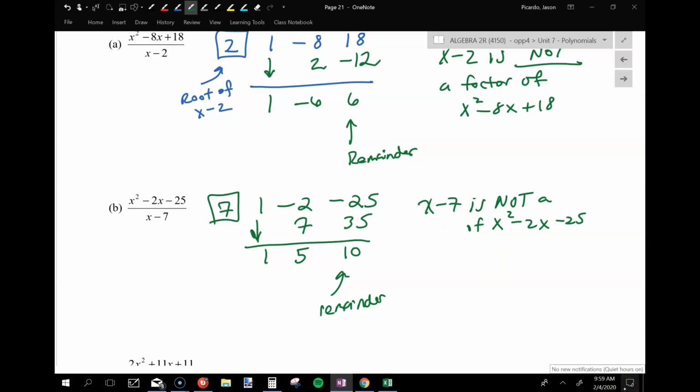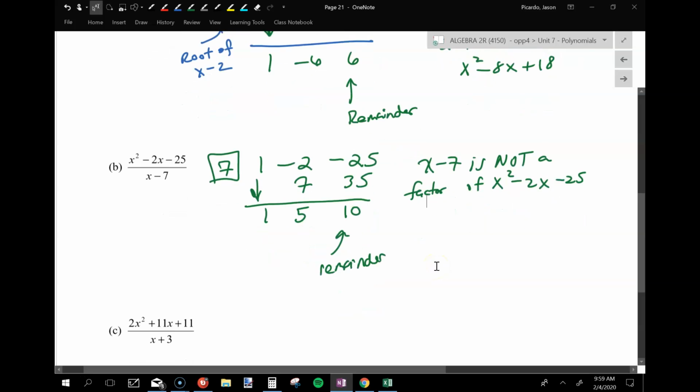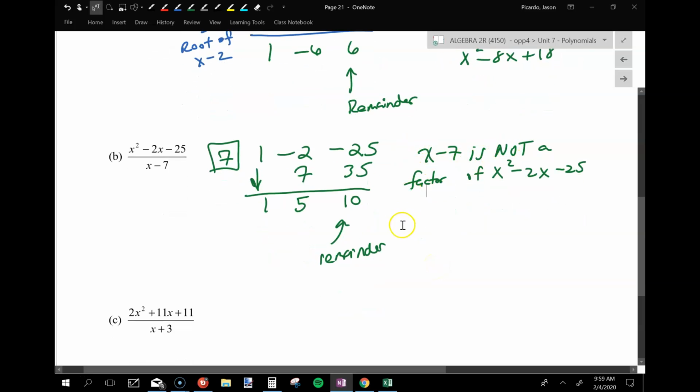I'm actually glad I made that mistake. I wanted to write the word factor. But to answer your question, if x minus 7 is not a factor of this, then 7 is not a root of that. Correct? I understand that part. Yeah, I should have written the word factor. Yep. So if x minus 7 is not a factor, then 7 is not a root.